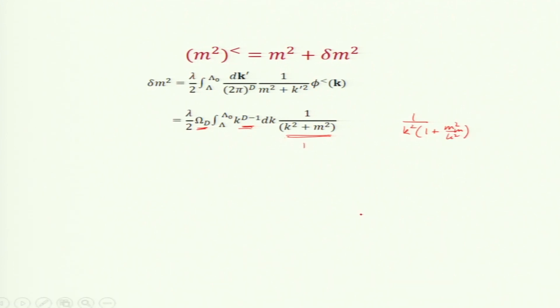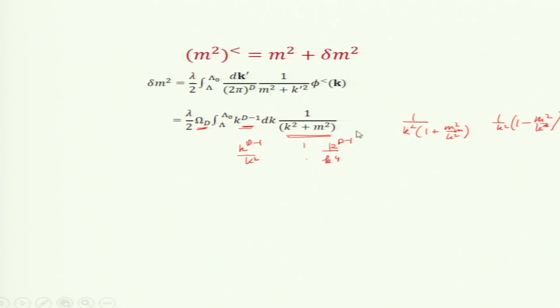So, one term is k to the d minus 1 by k squared, and I do the expansion, this is 1 over k squared times 1 minus m squared by k squared. This goes on as an expansion. The other term is 1 over k to the 4 times k to the d minus 1. So, two terms.